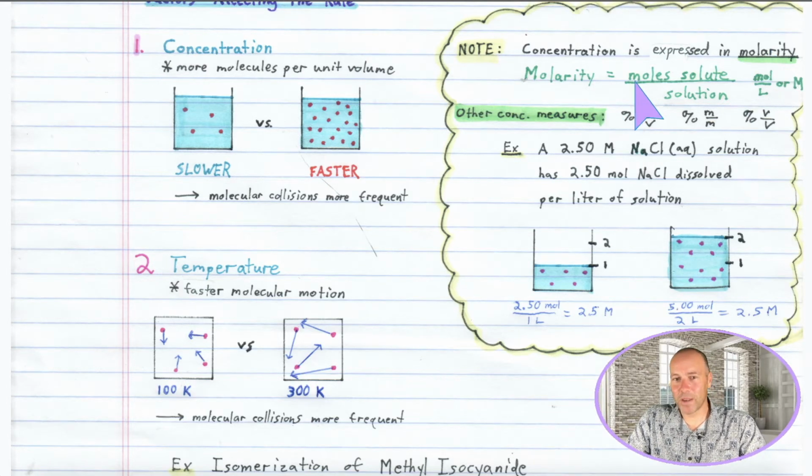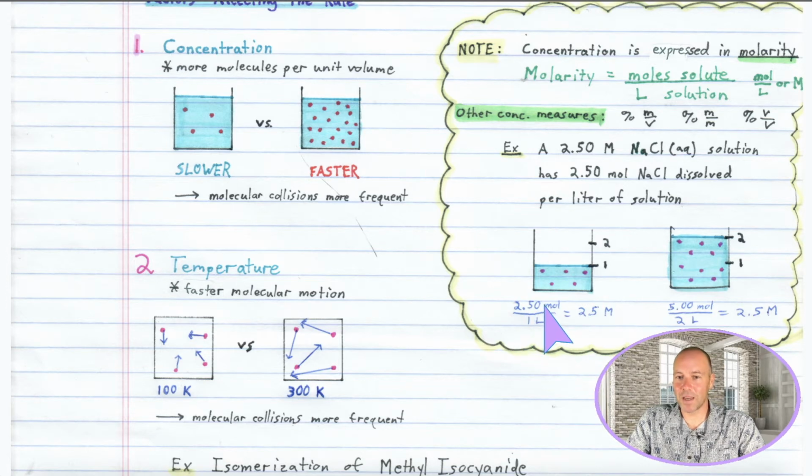And as a quick example, a 2.5 molarity NaCl solution has 2.5 moles of NaCl dissolved per liter of solution. So if you have 1 liter of solution, there would be 2.5 moles of NaCl dissolved.